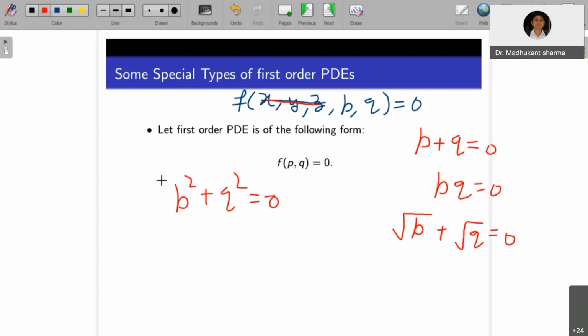You know very well what the notations p and q mean. So in that case, the Herbert notation, the solution will be of the form z equals ax plus by plus c.